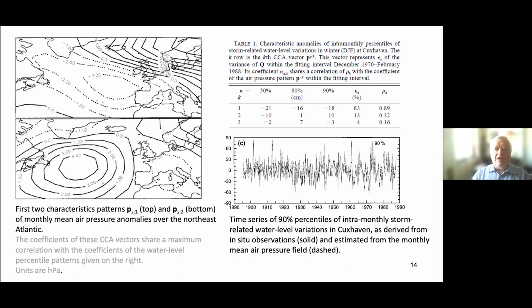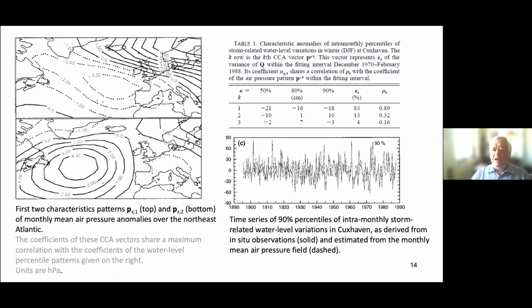The results are shown here. On the left side, you see two maps of the North Atlantic, and they show the first two canonical correlation patterns of the predictor, in this case, the air pressure field anomalies. And on the table on the right-hand side, top, you see the canonical correlation patterns for the intramonthly water level variations.